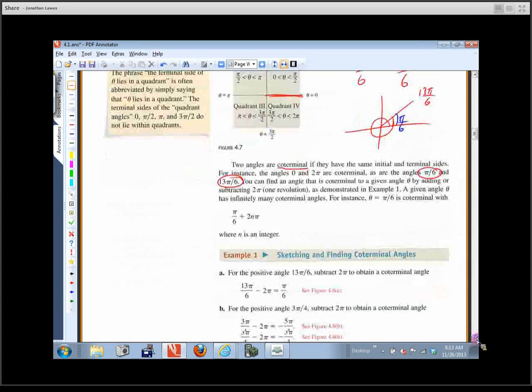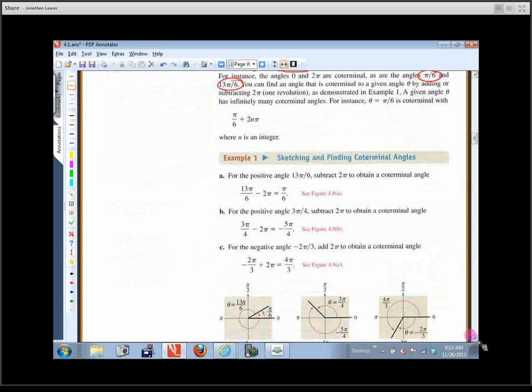And it talks about how we can get a coterminal angle. So if we take pi sixths and then we add some multiple of 2 pi, this 2n pi, and sometimes books will say 2k pi, as long as that number is an integer, this will produce another coterminal angle.